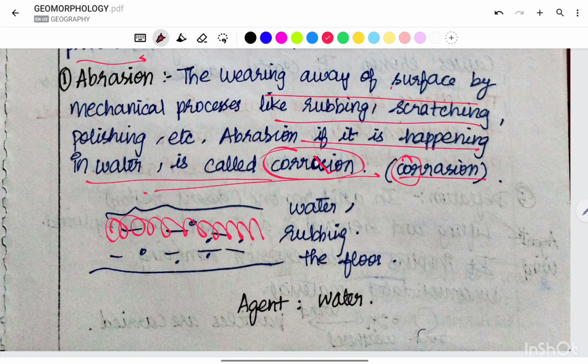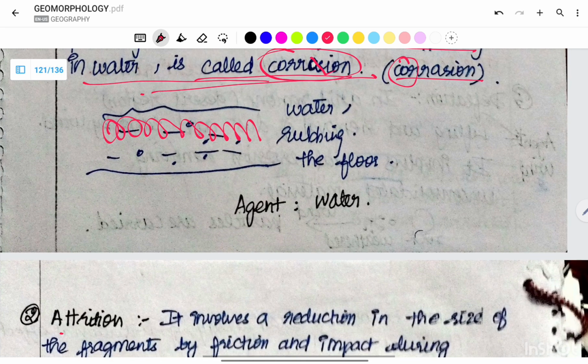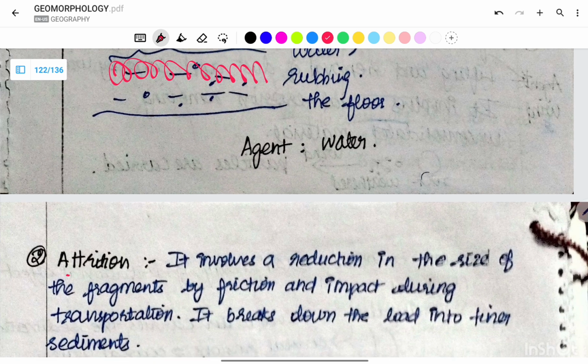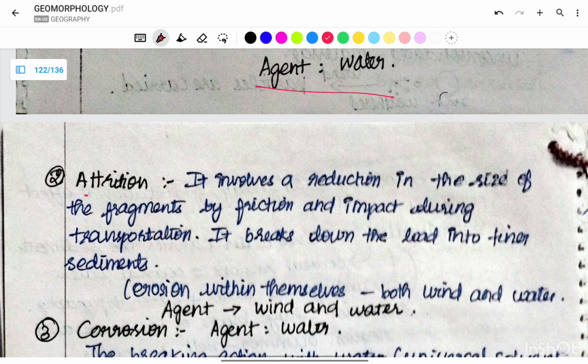If it is under the water, it is called corrasion, with rubbing, and the agent here is water.